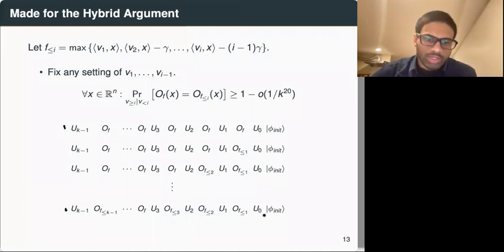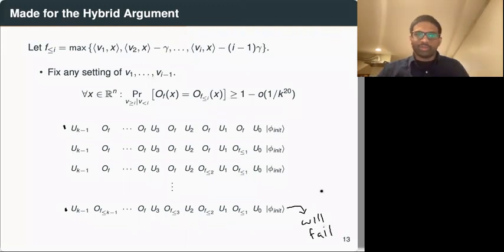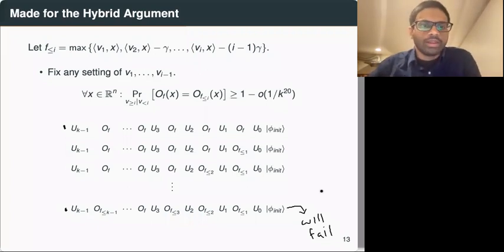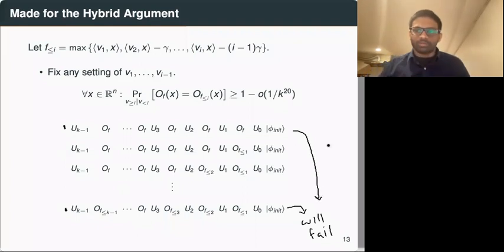And so it's not possible for this to have output a correct answer except with low probability. So this finally completely corrupted run is going to fail. We can guarantee that with high probability. And so therefore our initial uncorrupted run will also fail. Not the best presentation of the hybrid argument, but I hope that was understandable.